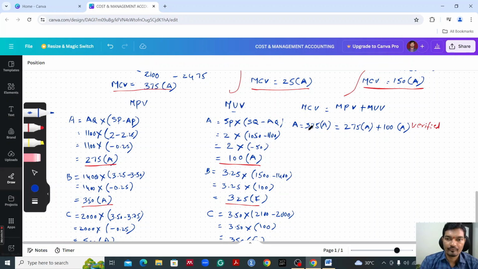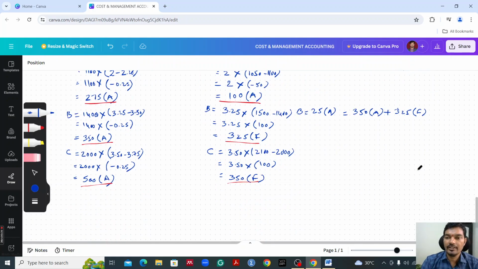So coming to product B, the MCV is 25 in adverse, equal to the MPV for product B, 350 in adverse, plus the MUV for product B, 325 in favor, positive value.